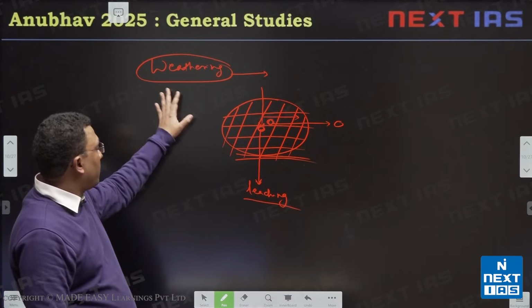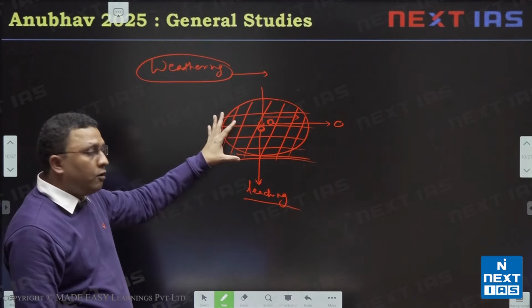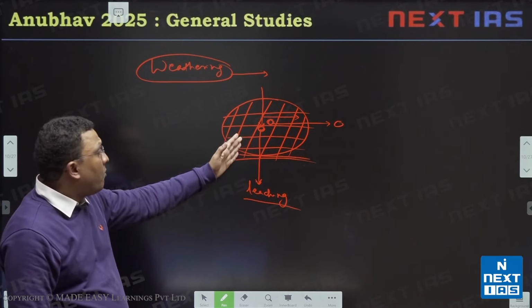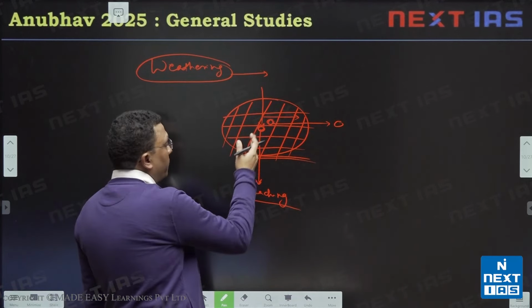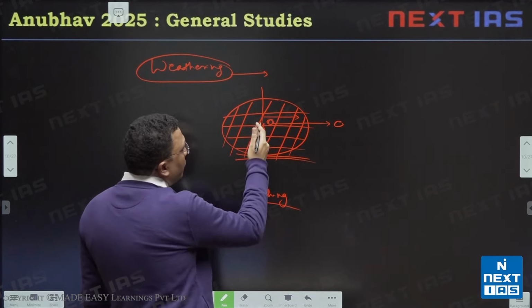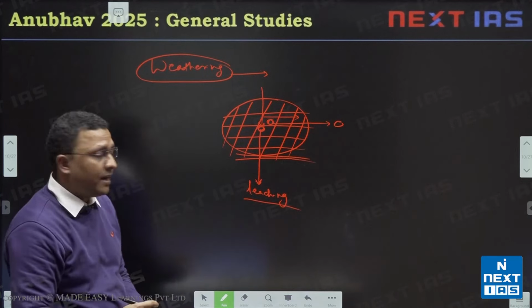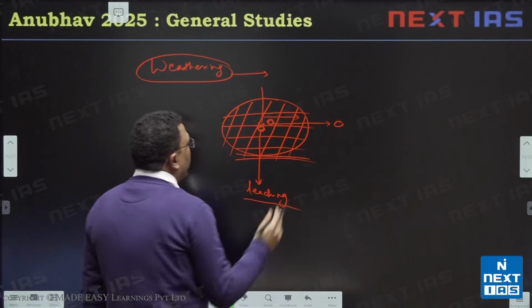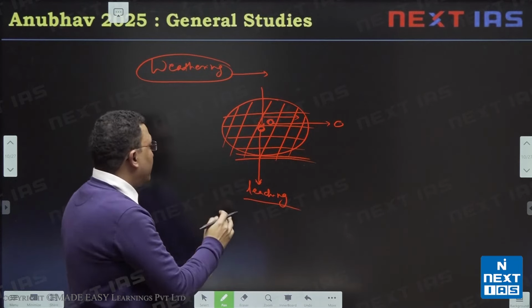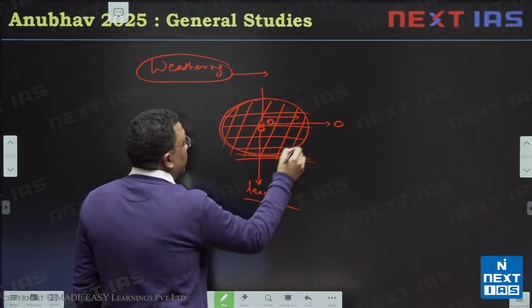So once the rock is weathered, particles are loosened, right? And some of the material, loosened particles, may be moved away from the decomposition side by water, air and other forces, right? So that means some matter will be moved away and only some matter will be remaining here, right?